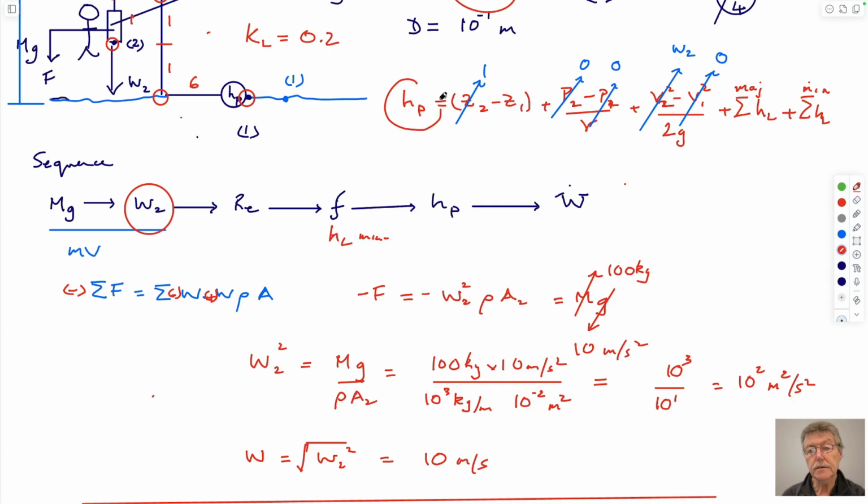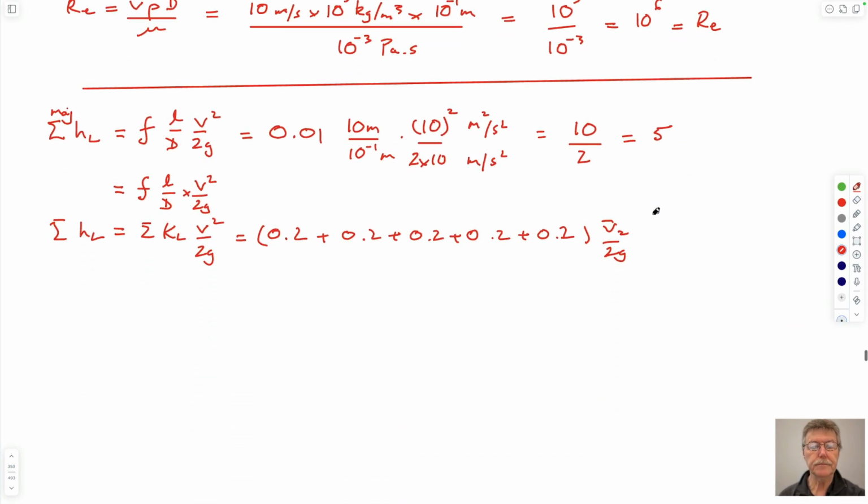So this is what we want. The main components of this: you have a head, which is just how high we are at the outlet versus the bottom surface. We have these terms here. We have v squared over 2g, and each of these terms will also be a function of v squared over 2g as well, right? Because they are this. So if I write that out, I would get this.